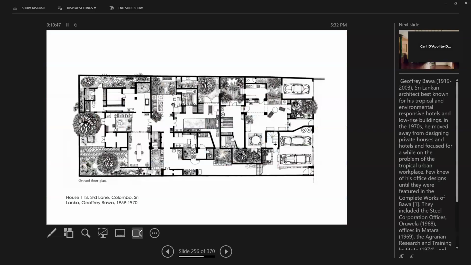Okay. All right. Then there's Geoffrey Bawa, Sri Lankan architect. So you can see the trend here, right? These are all the people that studied in the West with Corbusier, and then they adapted their modernism in a very creative way to the specifics of where they were from, and were also unwilling to accept the formal language of modernism.